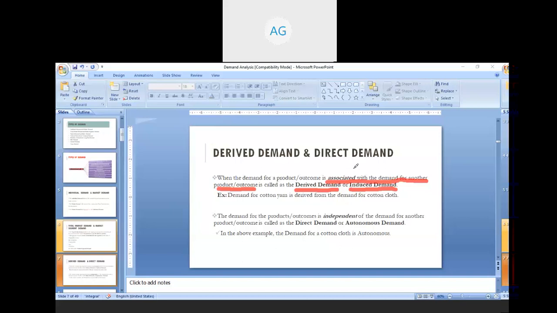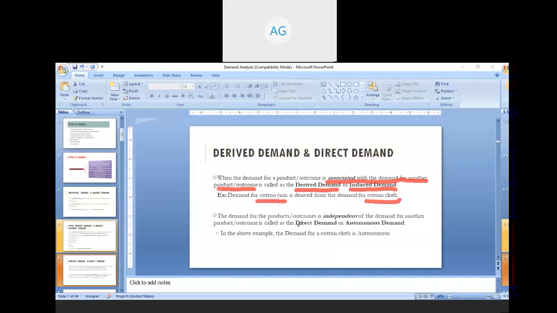That type of demand is considered derived demand or induced demand. For example, the demand for cotton yarn is derived from the demand for cotton clothes. If cotton clothes are demanded more, then cotton yarn is demanded more. The demand for cotton yarn is dependent on the demand for cotton clothes. So this is the example of derived demand.